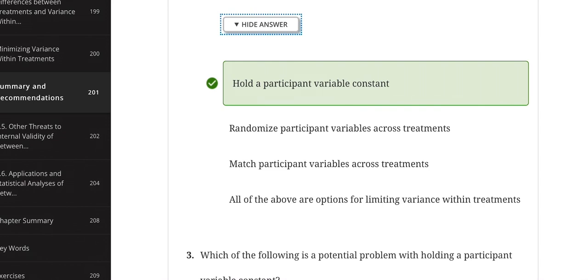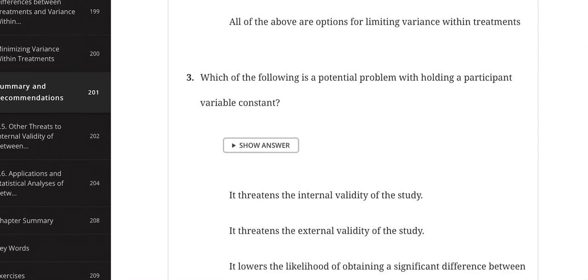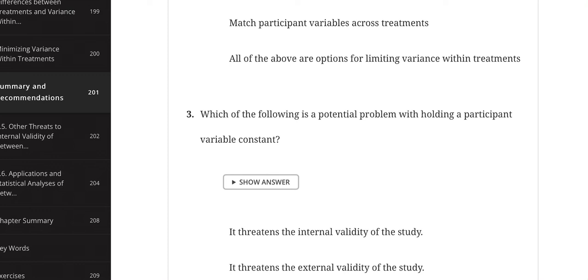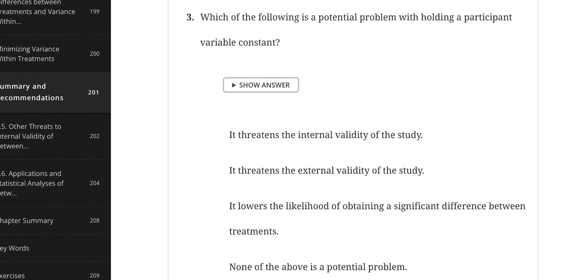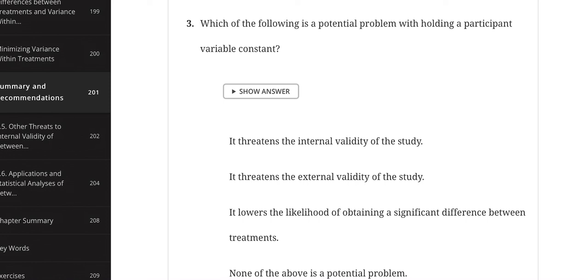That is for between the groups. So the only option here was holding the variable constant. If we want to limit those individual differences within the groups, you need to hold that variable constant. Or that is one of the options, is holding the variable constant. The other two are not.